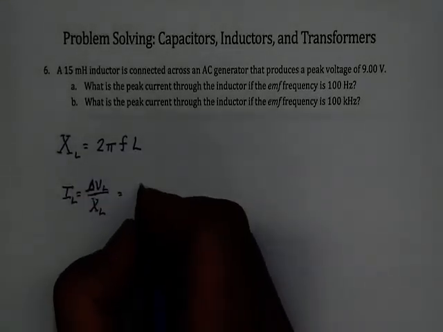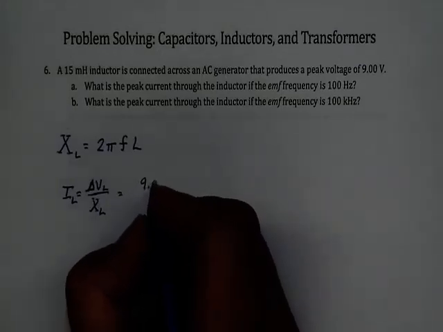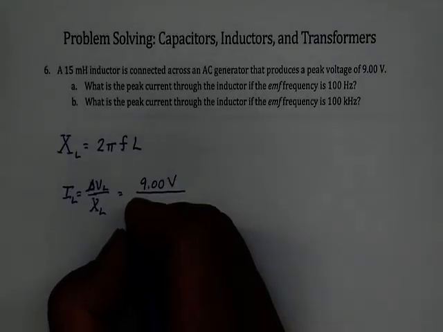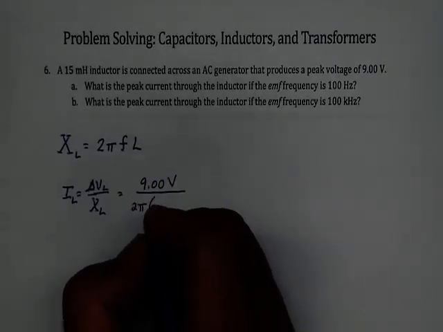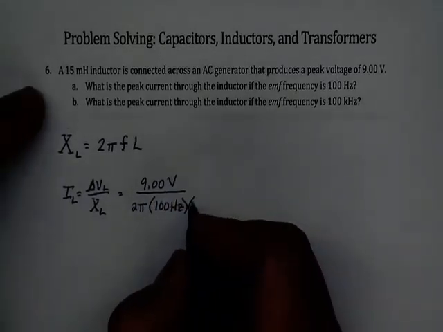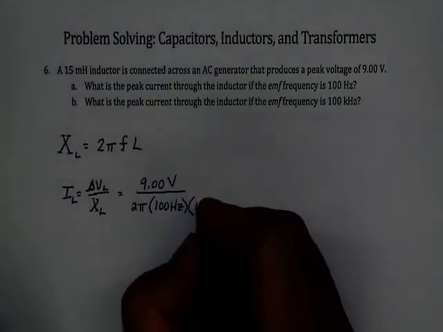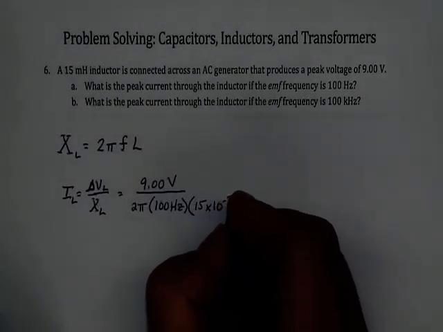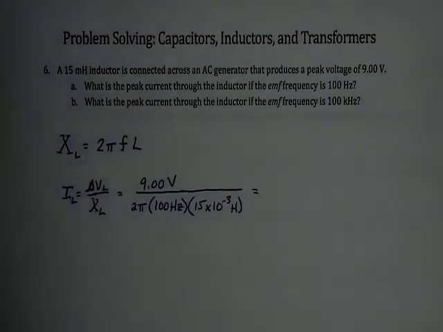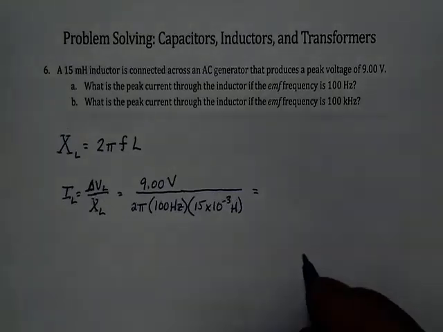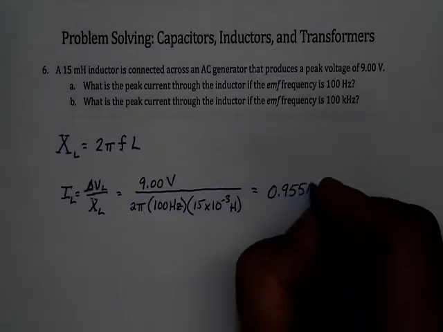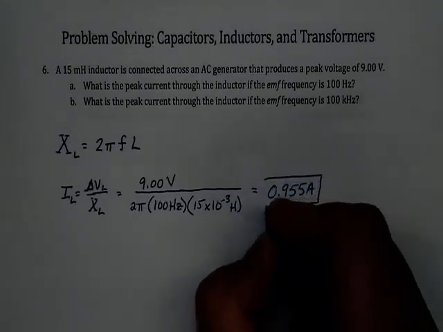So if I plug in, I've got 9 volts divided by 2 pi, my frequency is 100 hertz, and my inductance is 15 millihenries, or 15 times 10 to the minus 3 henries. If I punch all that into my calculator, I get a current of 0.955 amps.